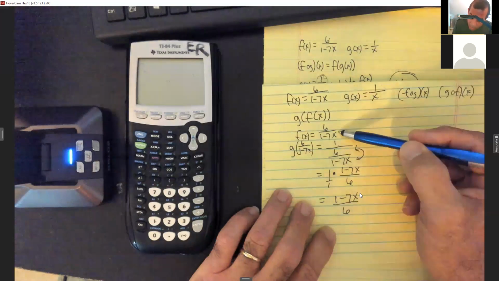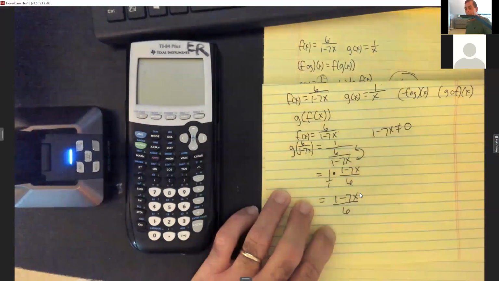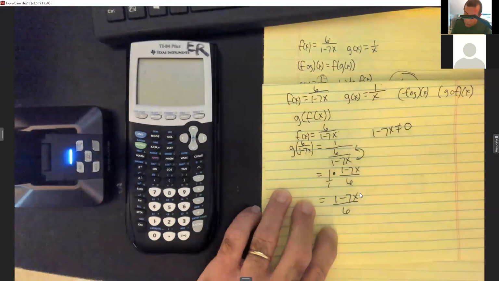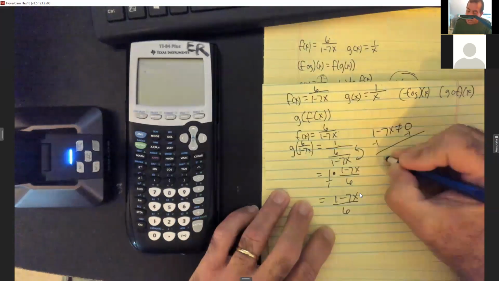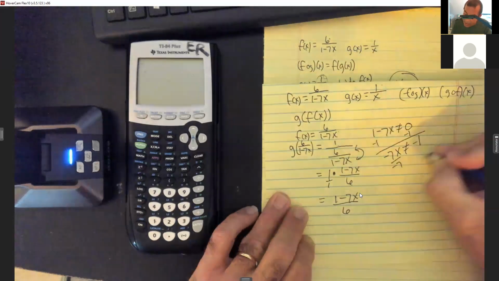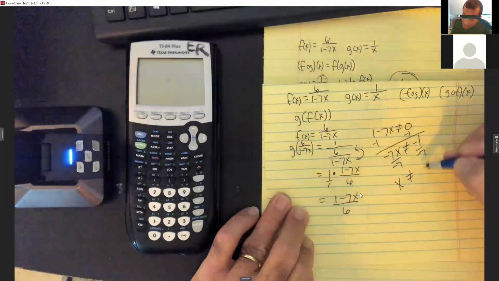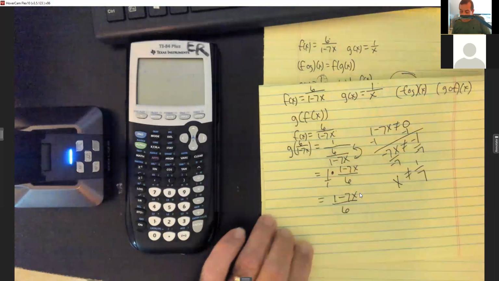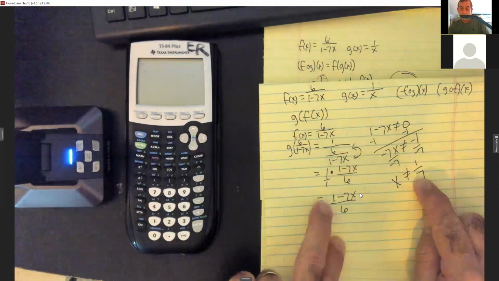So we know that 1 minus 7x cannot equal 0. So to solve that, I would subtract 1. Negative 7x cannot equal a negative 1. And then divide both sides by the negative 7. So that's going to cancel. x cannot equal, two negatives make a positive, so that'll just be 1 over 7. So the second one, there's my function, and then it cannot equal 1 over 7.